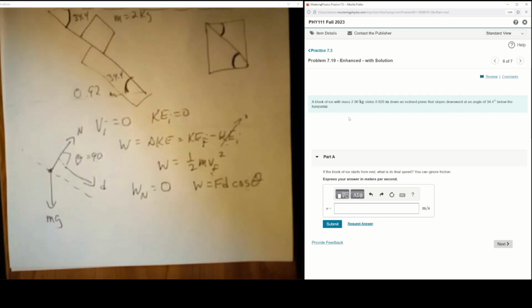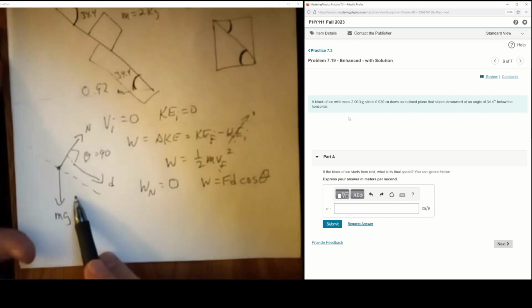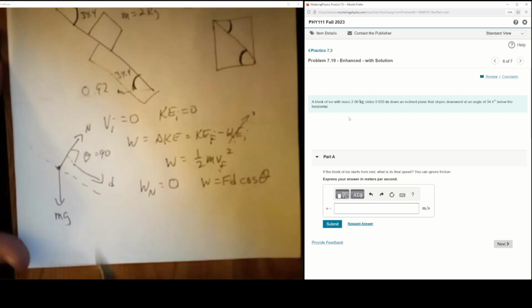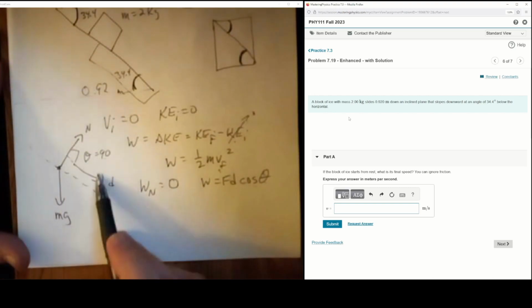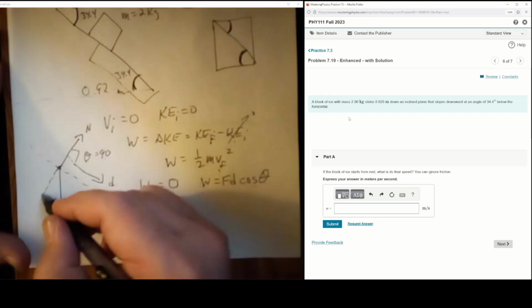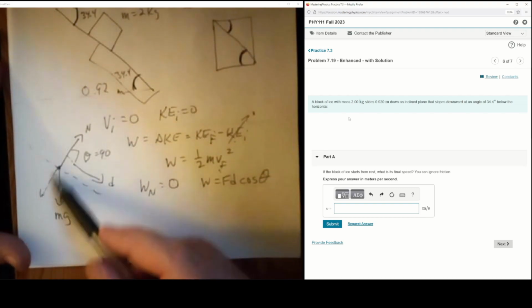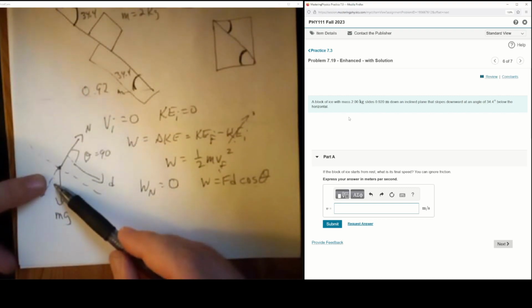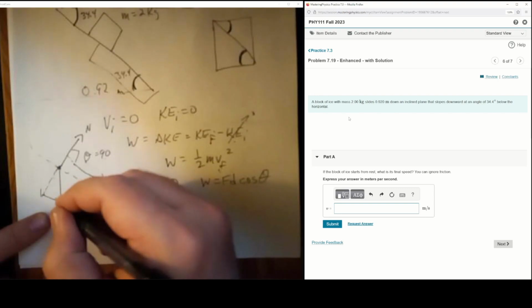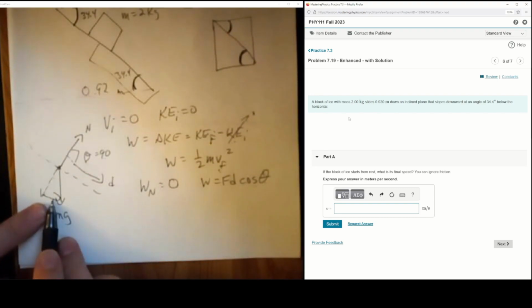However, gravity is now pushing it to the right because we're on an angle. So some of gravity is pushing it to the right. Now, gravity has two components. We have this component here, which is going down. This component does nothing to push the ice. It's this component right here, this component from gravity, that is pushing the ice.